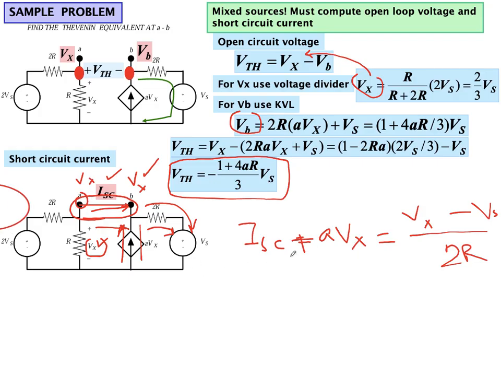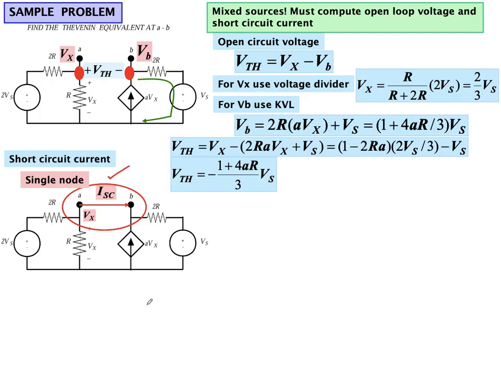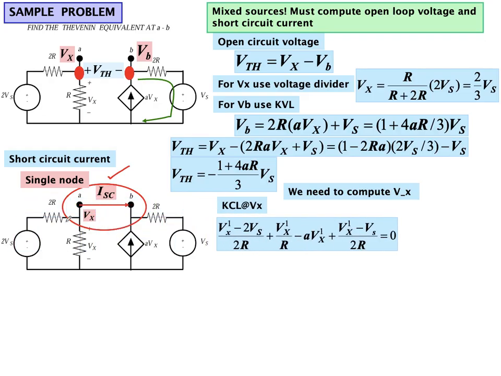So let's write down the equation now. This is the super node. Let me clear it. If we apply KCL on this super node, we can consider all the currents entering the super node or leaving the super node. So in this case, KCL at Vx will be, if this is Vx, the current leaving the node will be Vx minus 2Vs over 2R, which is this, Vx over R, which is this one.